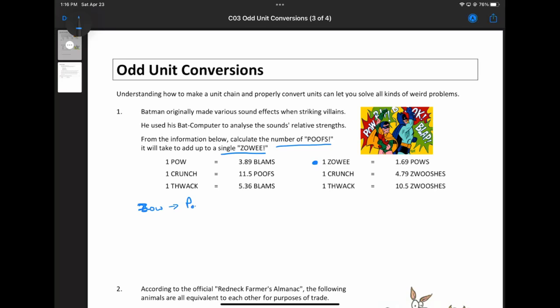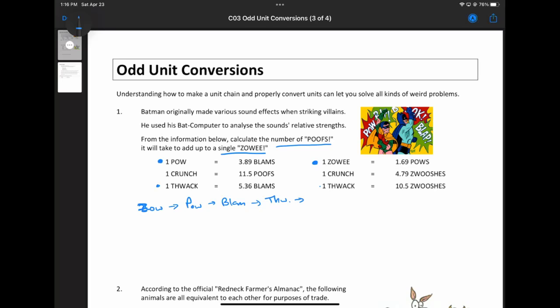So if I go from zowies to pows, and then over here in this one, I can get from pows to blams. And then I keep looking around and say, oh, here it is. Blams and thwacks. Those are equivalent, or at least I know the equivalency between them.